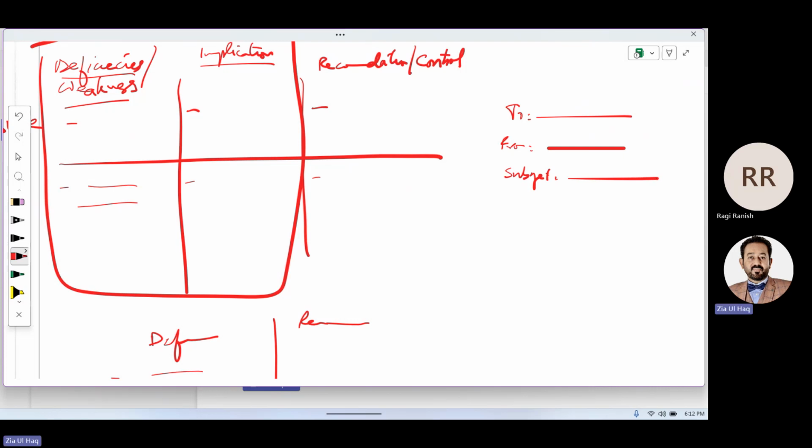Control deficiencies in sales system. Date: your examination date, suppose 6th of March 2024. And then you need to provide an introduction paragraph.